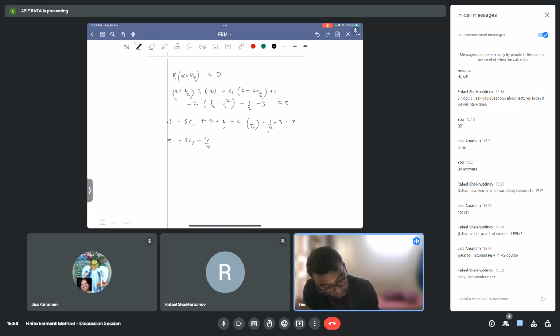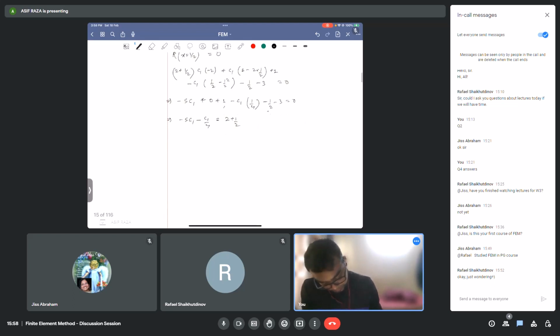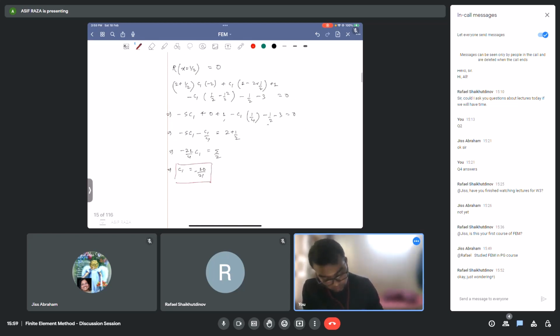We have minus 21 by 4 c1 and this is 5 by 2. This will give me c1 equal to minus 10 by 21. So c1 comes out to be this.